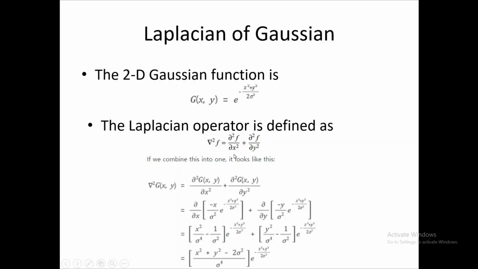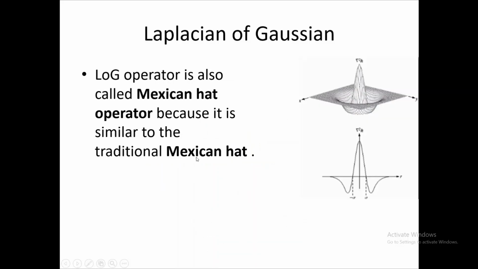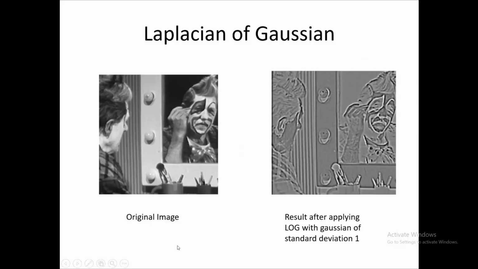If we combine the Gaussian and the Laplacian operator, we get this expression, and when we plot it, we get a Mexican hat operator, and it looks like this. This is our Mexican hat operator, and when we apply it to the original image with the Laplacian of Gaussian with a standard deviation of 1, we get this image as the result of applying the Laplacian of Gaussian.